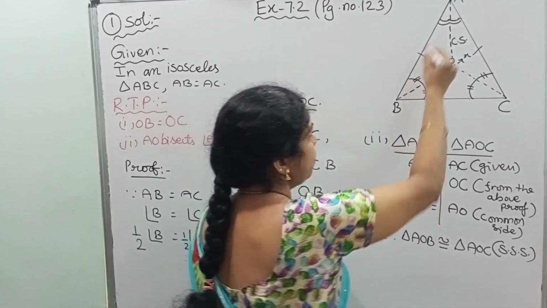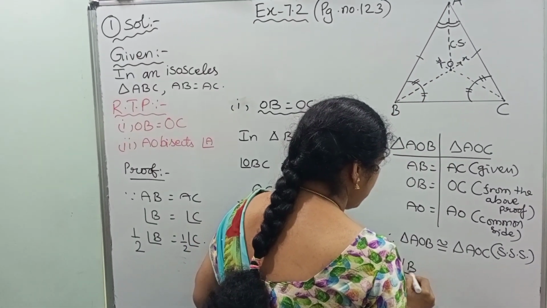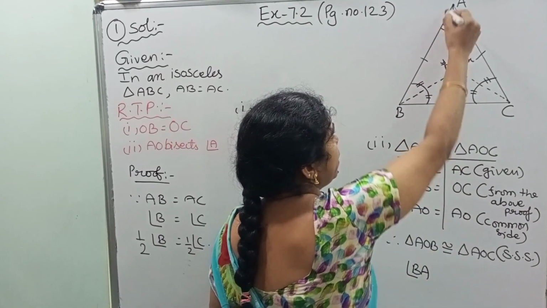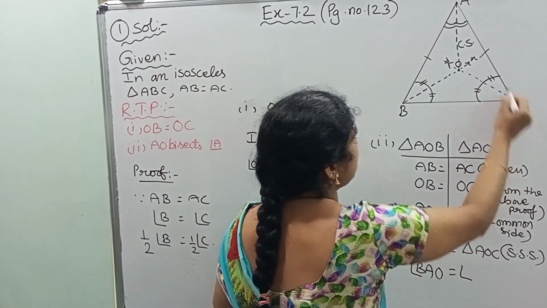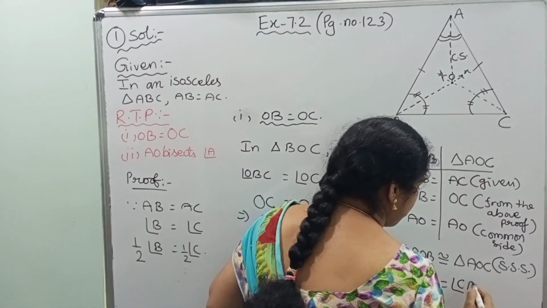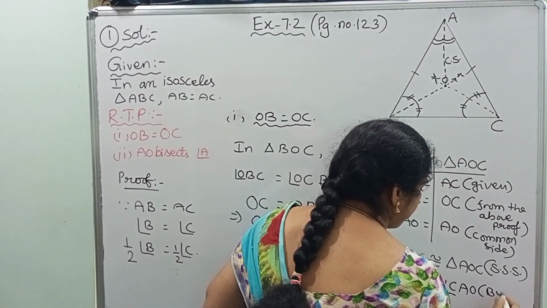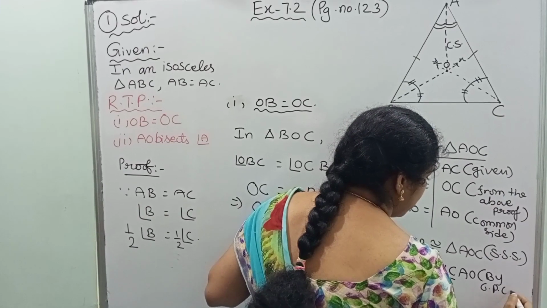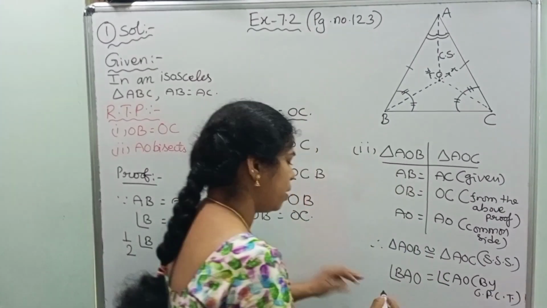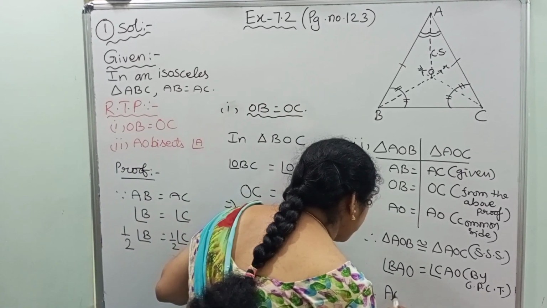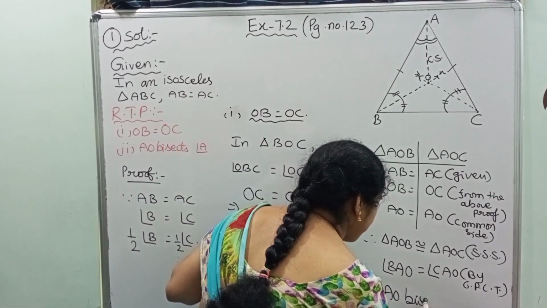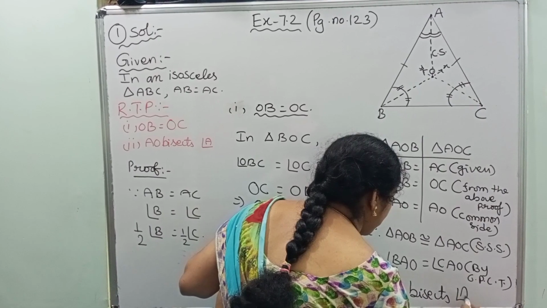That means angle BAO is equal to angle CAO by CPCT. Therefore, AO bisects angle A.